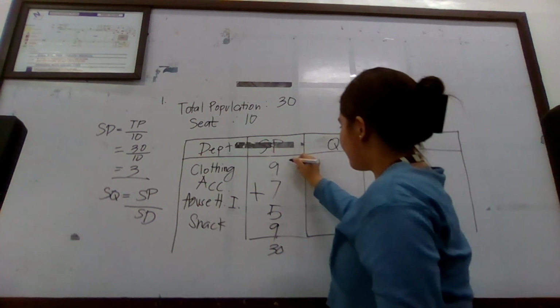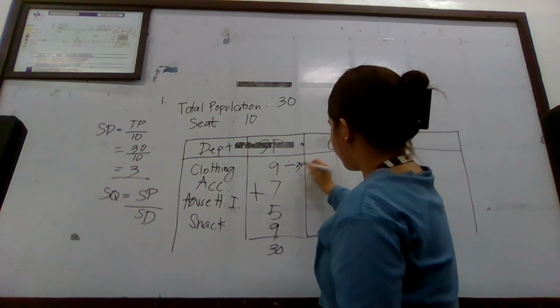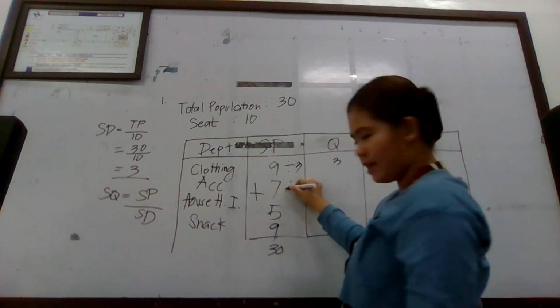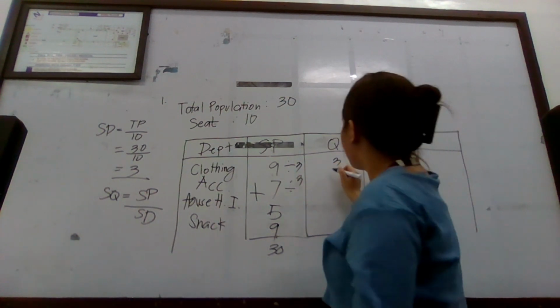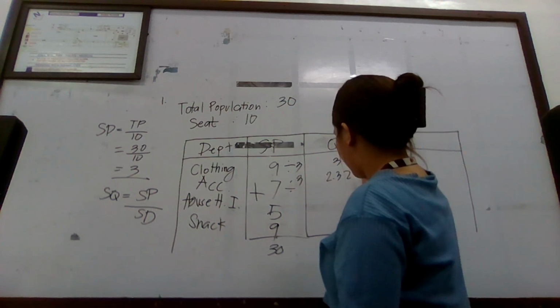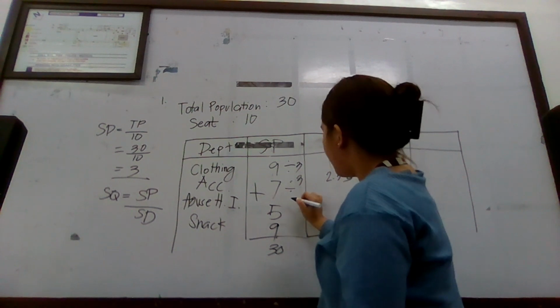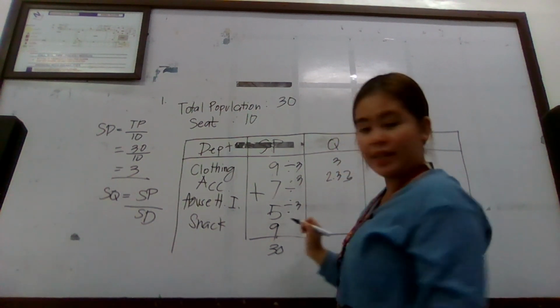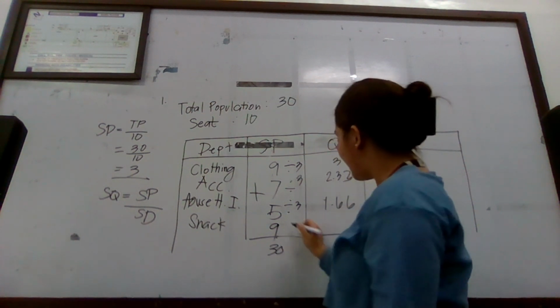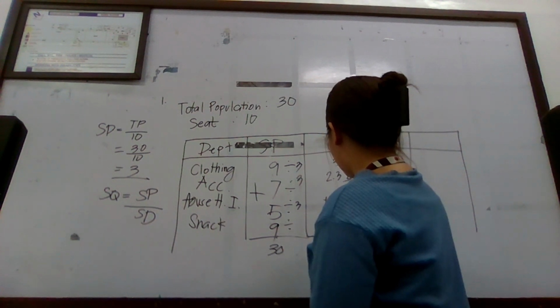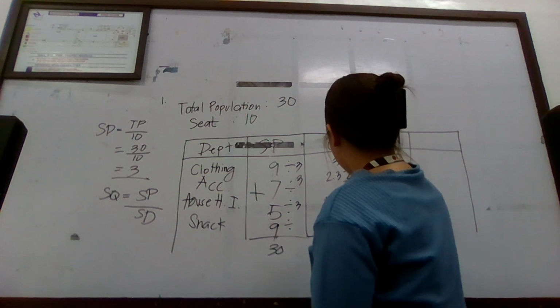So 9 divided by 3 will give us 3. 7 divided by 3 will give us 2.33. 5 divided by 3 will give us 1.66. Lastly, 9 divided by 3, which also gives us 3.